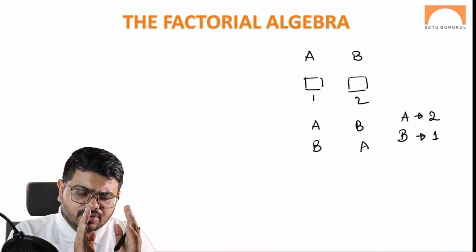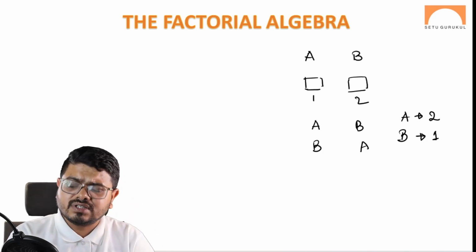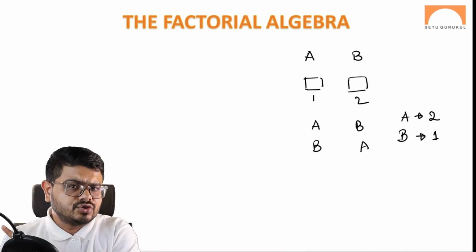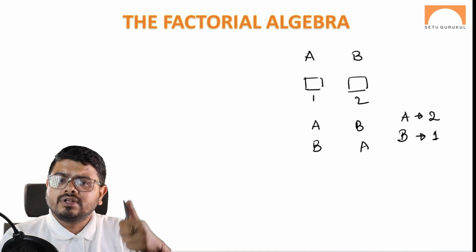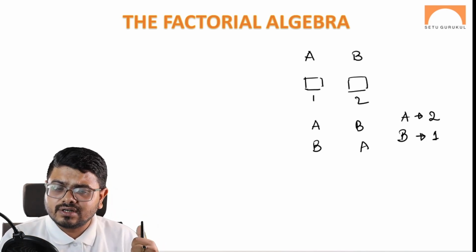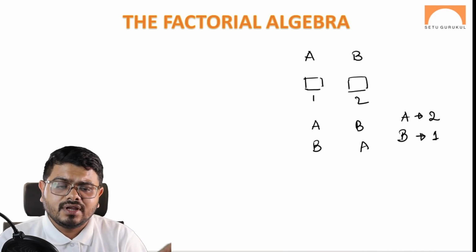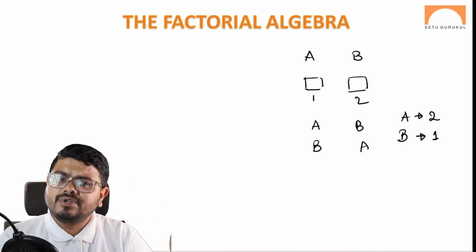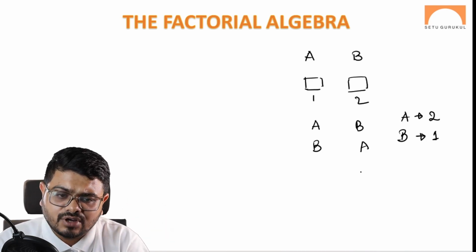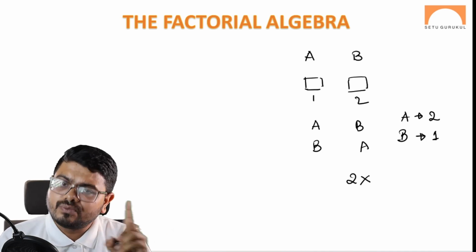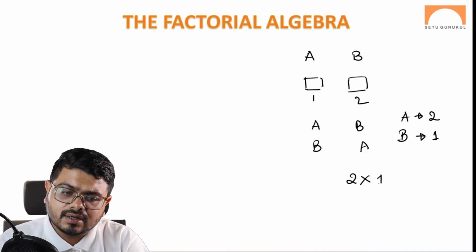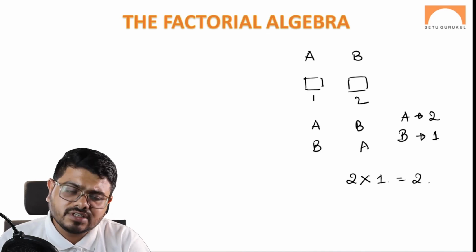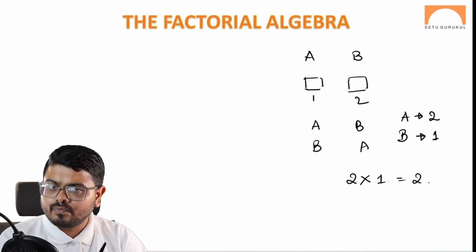So A has two choices and B has one choice. So what we learned in our first lecture of and or story, A and B, so A's option, which is 2, multiplied with B's option, which is 1. So the total number of choices this way stands at 2.